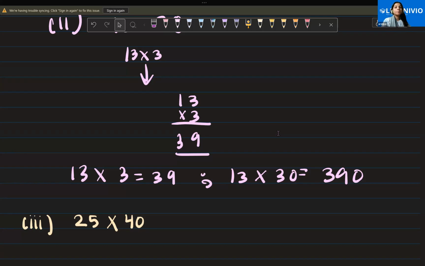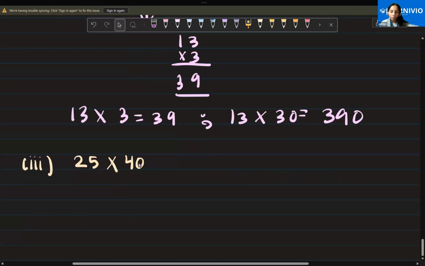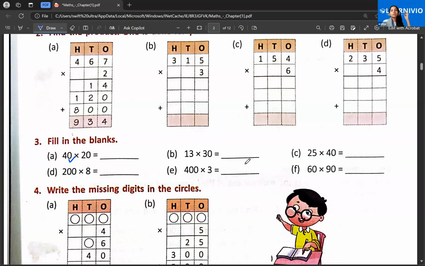The answer for the third one will be 1000. 25 times 40 will be 1000, right? Can you see the screen?